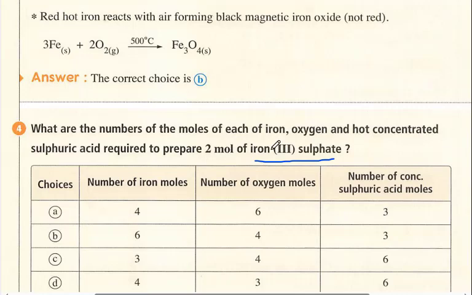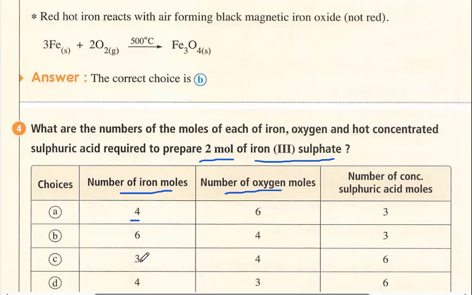So how many moles of iron, and how many moles of oxygen inside? Fe2O3 has 3 oxygen atoms per mole, and iron here is 2. But here we want to prepare 2 moles of iron 3 sulfate, so we have to multiply the whole equation by 2.